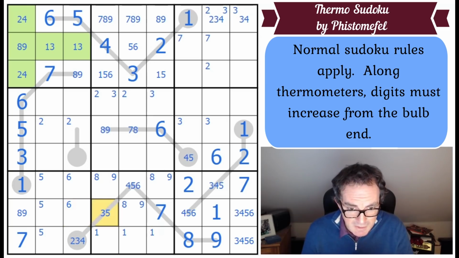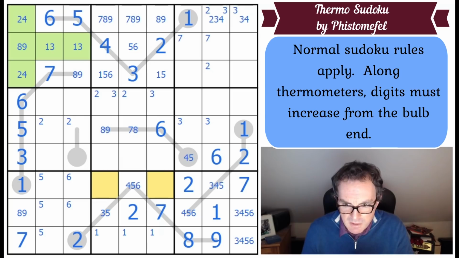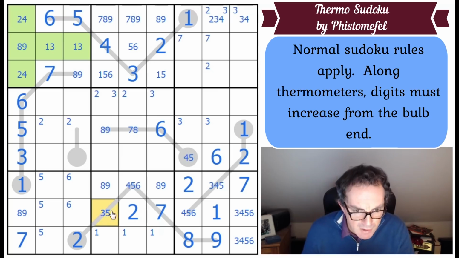So this is quite helpful, because we learn lots of things. We learn that this cannot be 3 or 4, this has to be 2. Therefore, this has to be 2 by Sudoku. Let me put central pencil marking. This becomes an 8-9 pair. This still can't be 5 because it's the same problem.